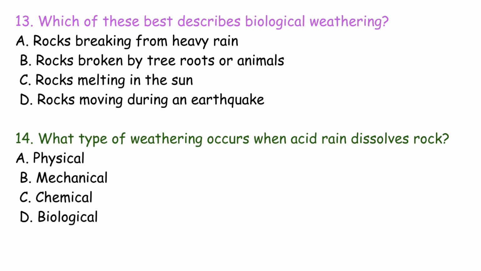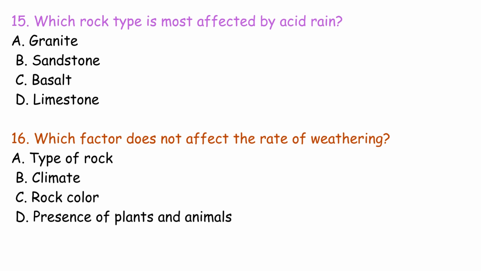14. What type of weathering occurs when acid rain dissolves rock? A. Physical. B. Mechanical. C. Chemical. D. Biological. 15. Which rock type is most affected by acid rain? A. Granite.